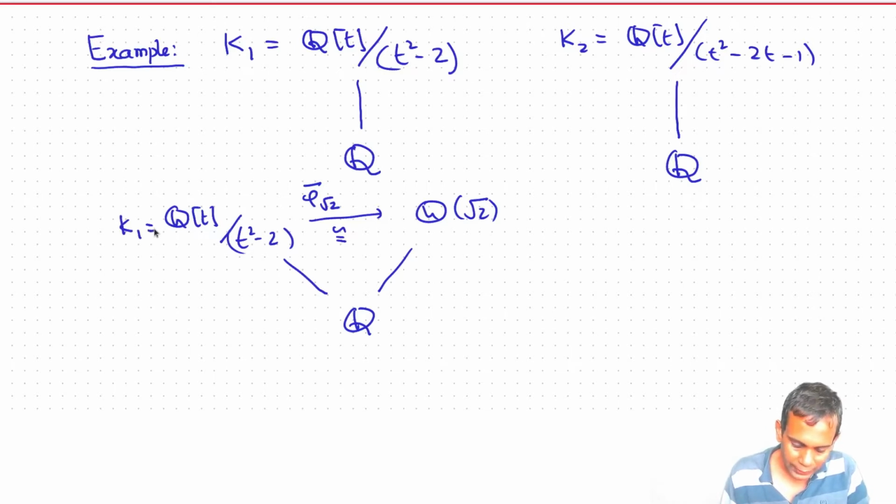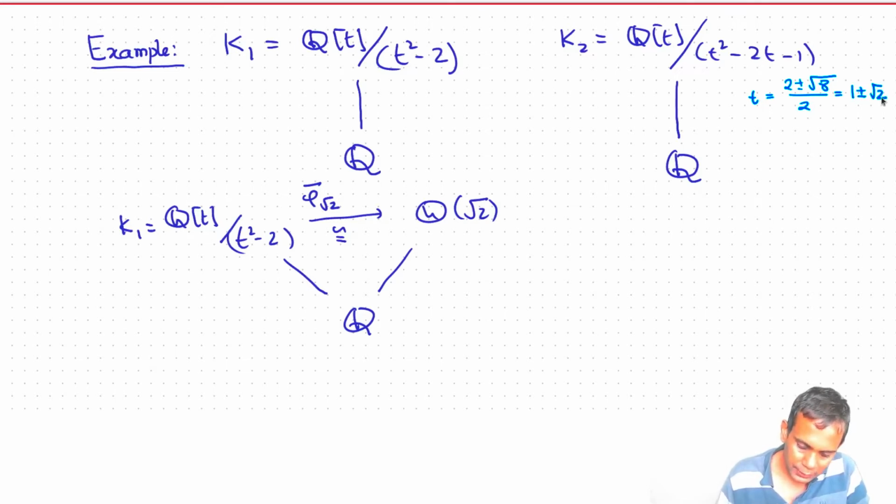And what about K2? So let's just see what the roots of this polynomial t squared minus 2t minus 1 are. Well, the roots are t equals 2 plus or minus square root of 4 plus 4, that's 8, over 2, which is 1 plus or minus root 2.